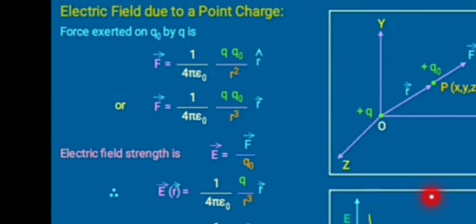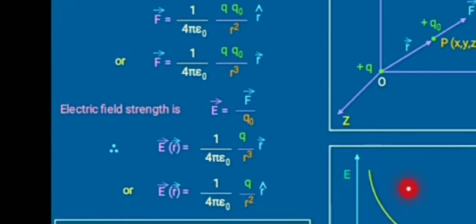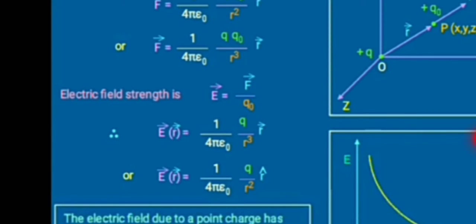The variation is a curve inversely proportional to R square.